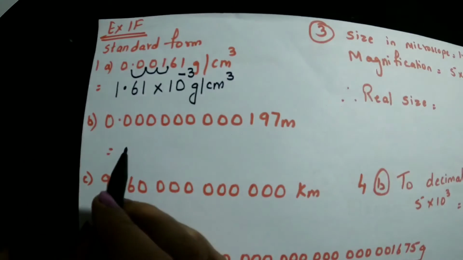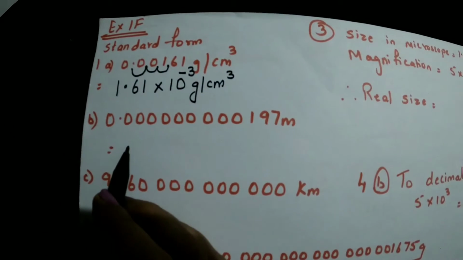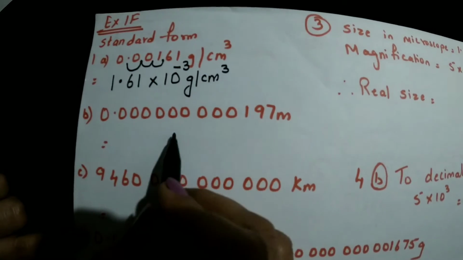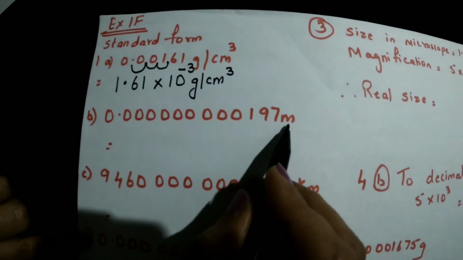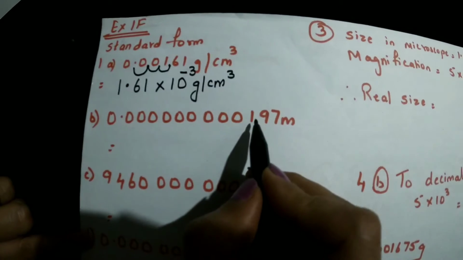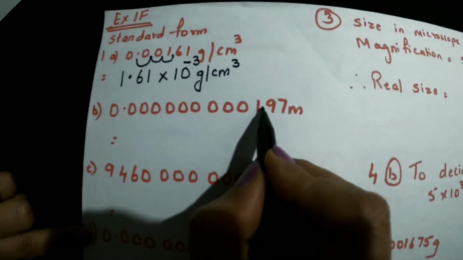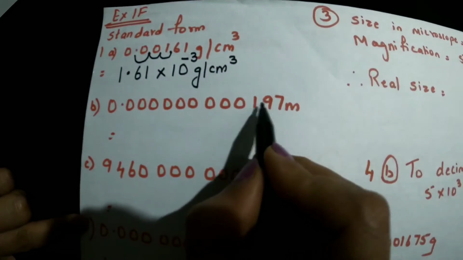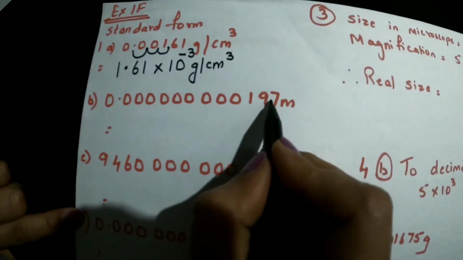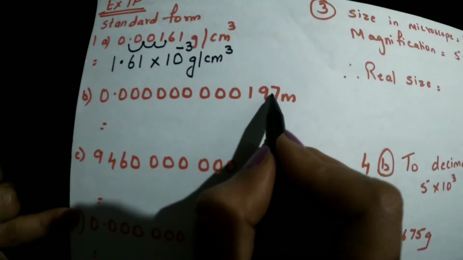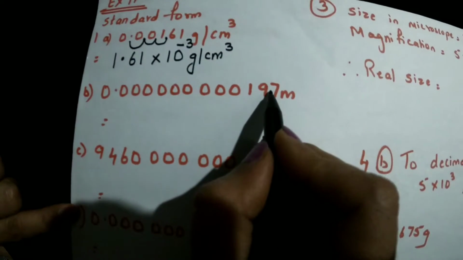The same thing we will do with the B sum, which says the radius of a calcium atom is 0. There are various zeros given, 197 meters. Now here basically my decimal will come between 1 and 97. If you put your decimal after 19, that means this number becomes 19.7, which is greater than 10.